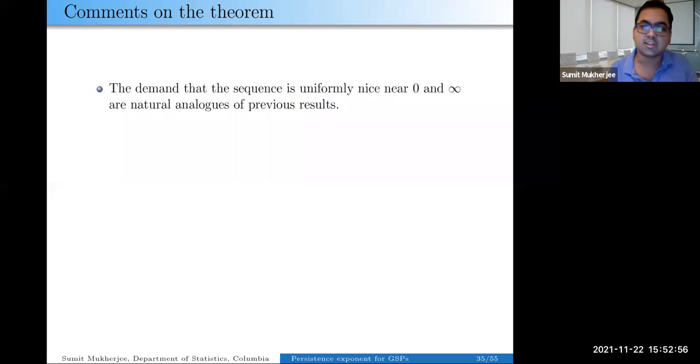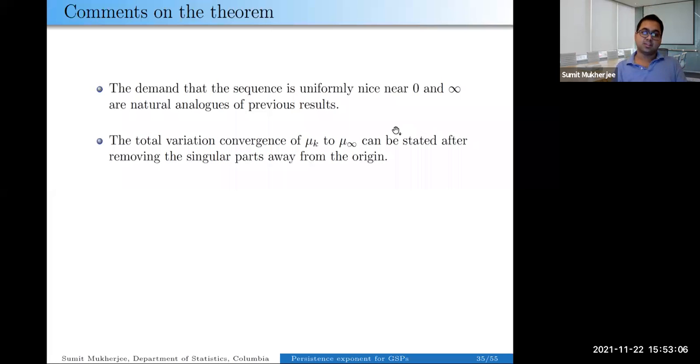Some comments. We do demand that these are uniformly nice near 0 and infinity. Depending on the measures, this could be weakened a bit. For the total variation distance, you can do this after you remove the singular part away from the origin. You cannot remove the singular part near the origin, but away from the origin you can, and then say that the total variation of these remaining parts are close.